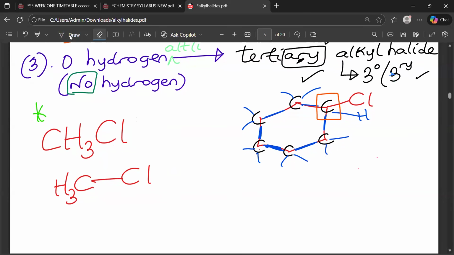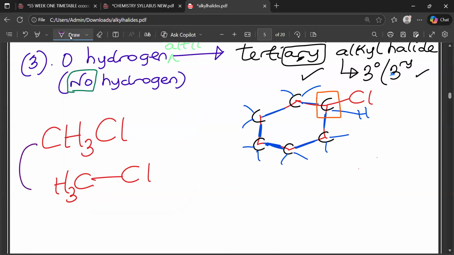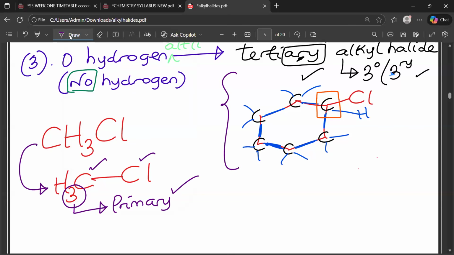So using the reasoning that we know, you can realize that this first structure, chloromethane, before I even go to the nomenclature, the carbon having the Cl is having 3 hydrogens. So these 3 hydrogens make it primary. So it is a primary alkyl halide. When I go to this structure, I'm going to teach you the names, don't worry.